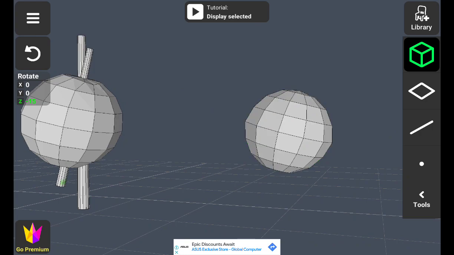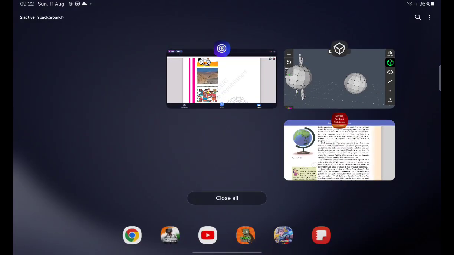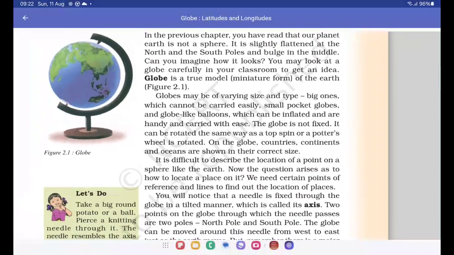And what is the angle of this tilt? So you should write this as a note. This will be your first note. Write down axial tilt. This is called Earth's axial tilt. Axial tilt is equal to 23.5 degrees. So the Earth is tilted at an angle of 23.5 degrees.